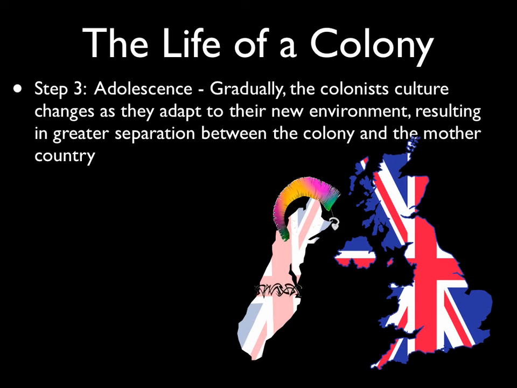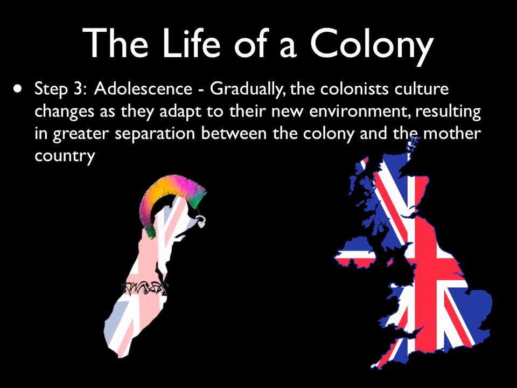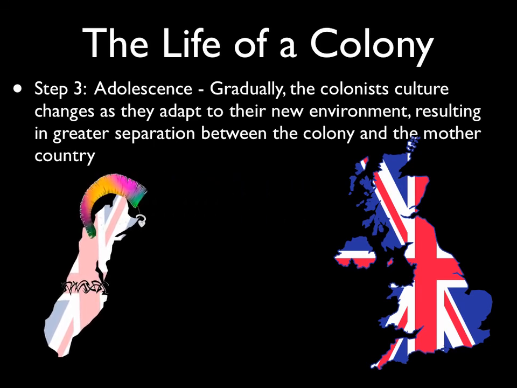Now, in the Americas, this evolution happened gradually as European colonists adapted to the demands of the New World. In some cases, the customs of the European colonists blended with the practices of the native peoples who were originally living there to form a new and distinct culture. But the end result in this third step is the beginning of separation between the colony and the mother country.